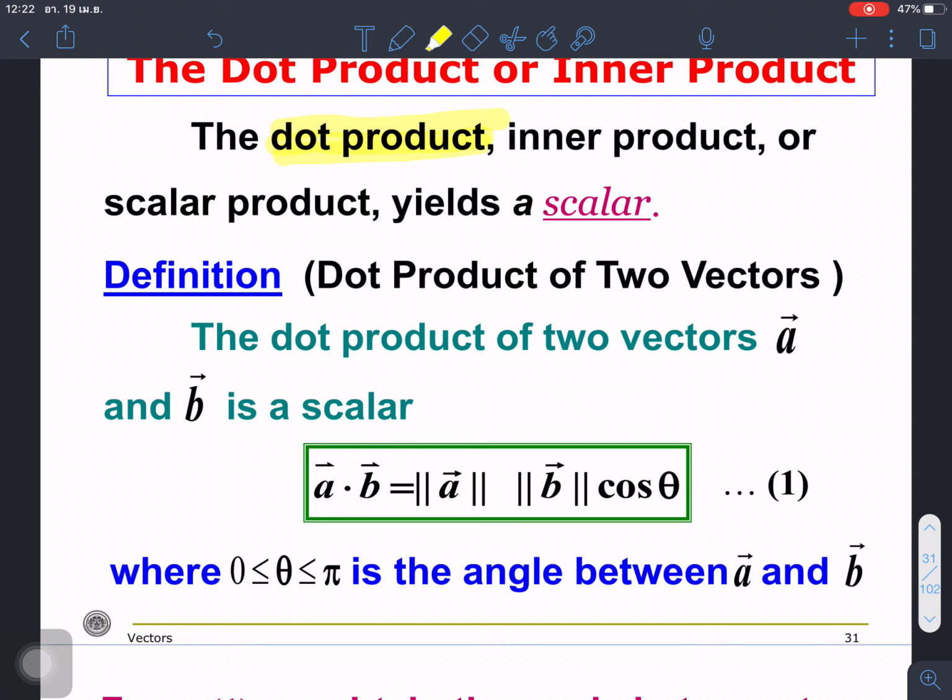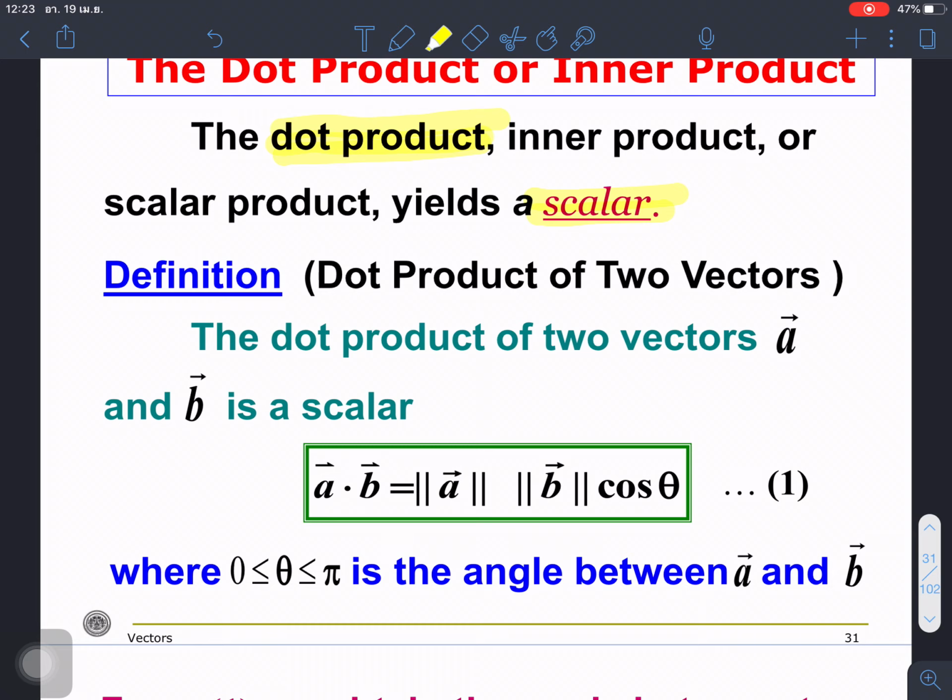The result of this product is going to be a scalar, or just a number. Here's the important thing. It's like a multiplication between vectors, but the multiplication of vectors doesn't appear the way it does when we study the real number system.